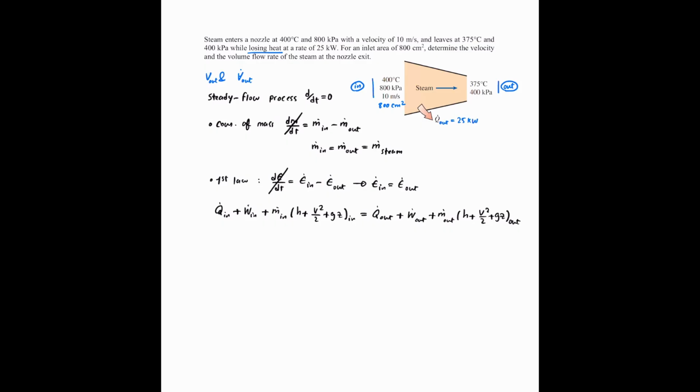So let's simplify it. What do we know? There is no heat input. There is no work interactions, so W dots are 0. And I'm going to assume that there is no change in potential energy.